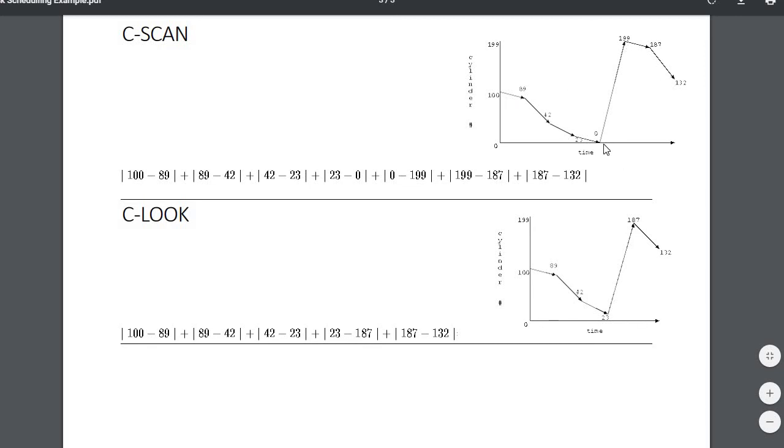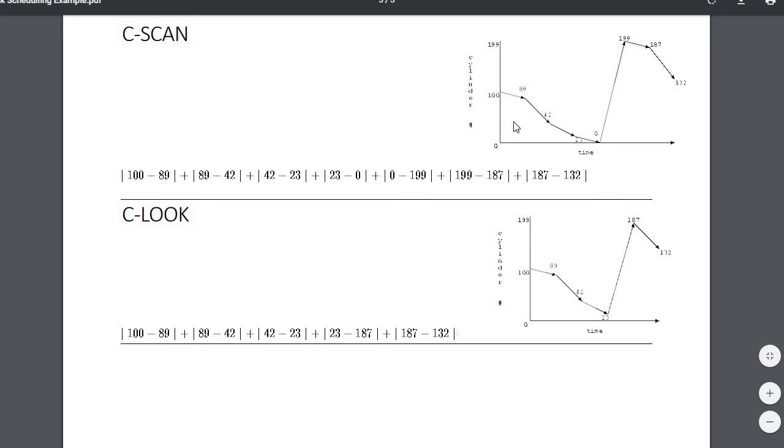It never reads the cylinders in the outward direction. So if we are moving from 100 towards 0, it reads all those cylinders during this path, and when it reaches 0 it jumps to the highest end, the other side of the boundary, which is 199, and from 199 it starts moving again inward and starts reading the remaining cylinders.